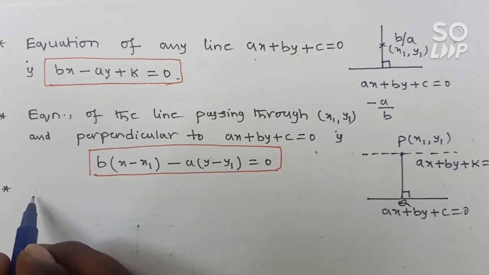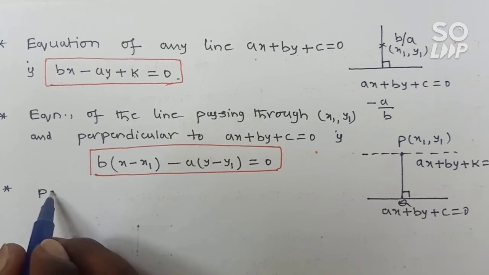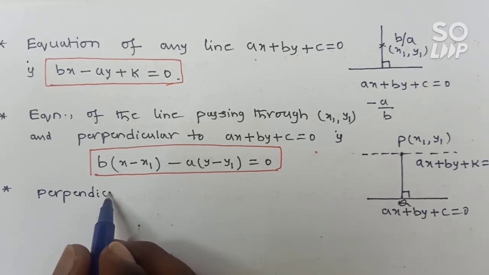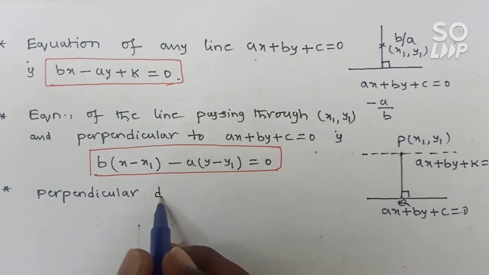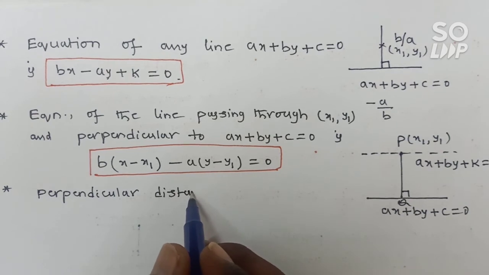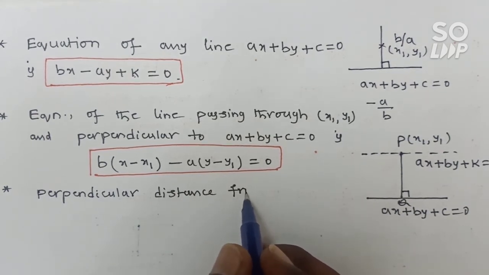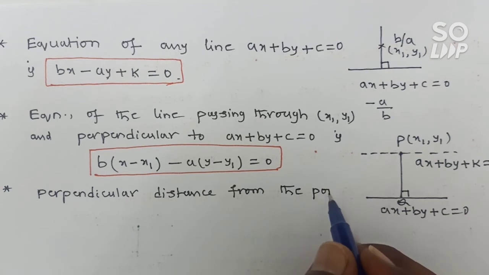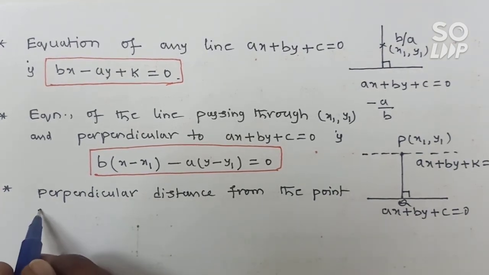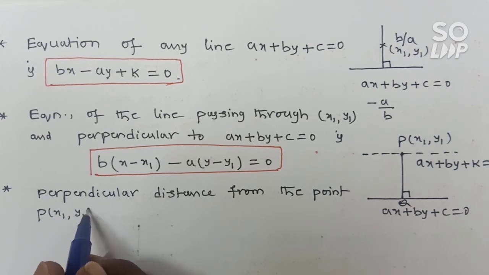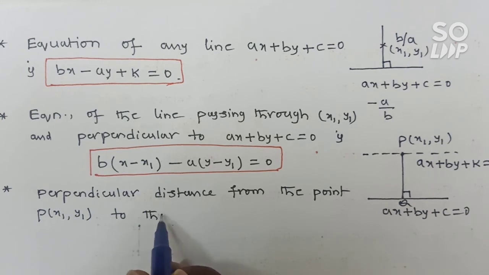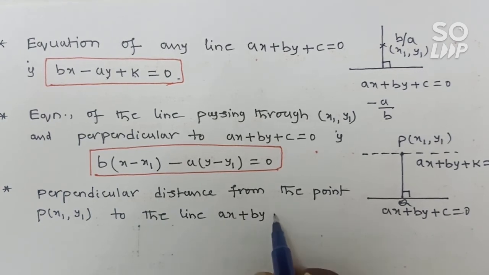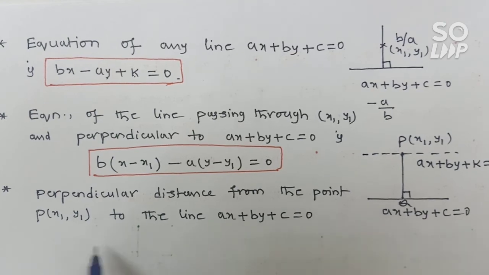The perpendicular distance from the point P equals x1 comma y1 to the line ax plus by plus c equals 0 is what?